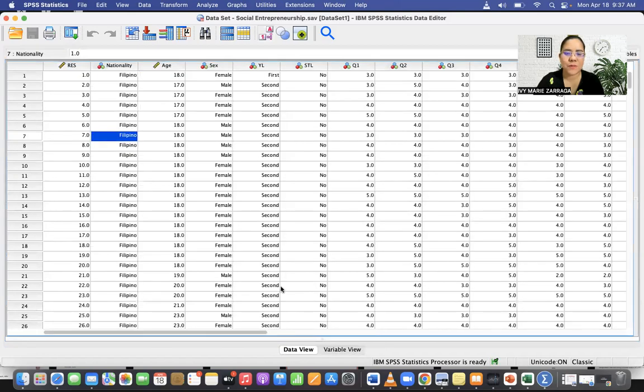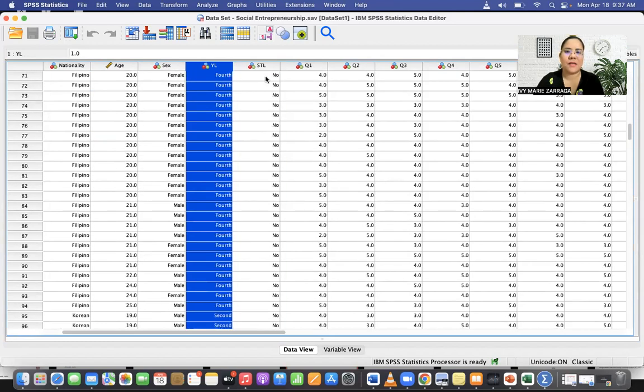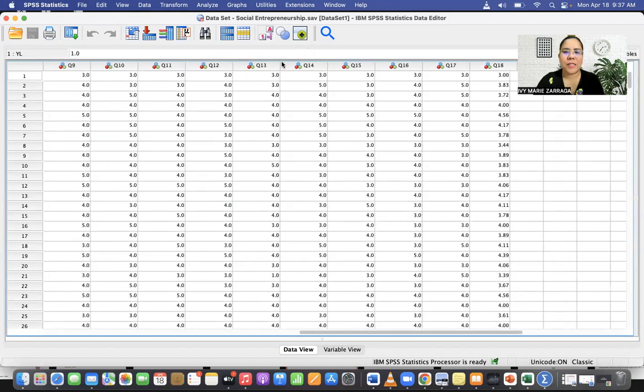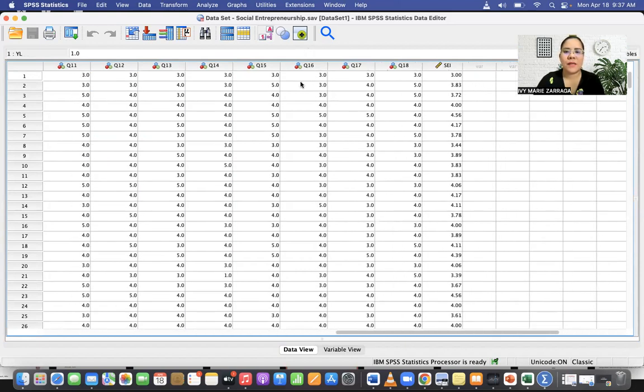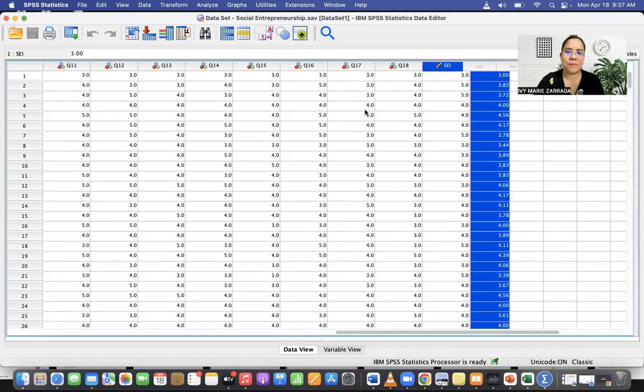So again, for our factor group, we will use year level, this one. So we have first year, second year, third year, fourth year. And then the social entrepreneurial intention. So we have to get first the overall mean. So doon sa video ko for the descriptive statistics, napakita ko rin daw kung paano kukunin yung overall mean.